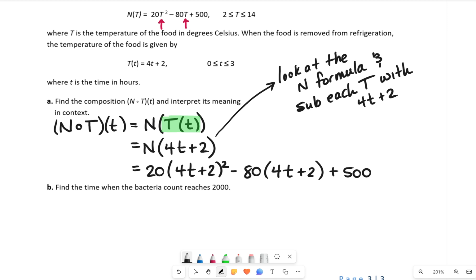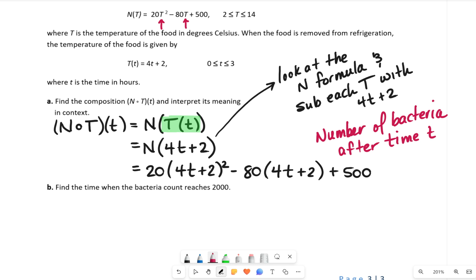So that is the number of bacteria with respect to time. Let me write that down: number of bacteria after time t, with respect to time t.